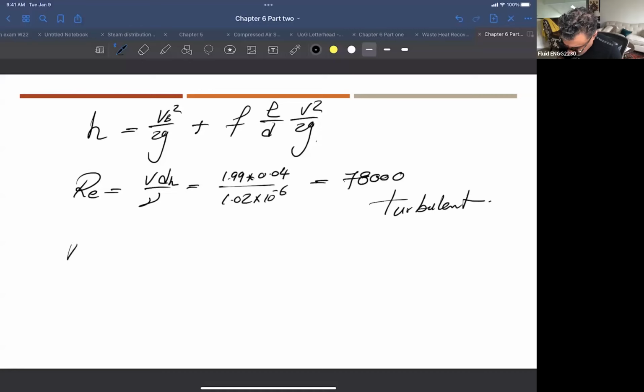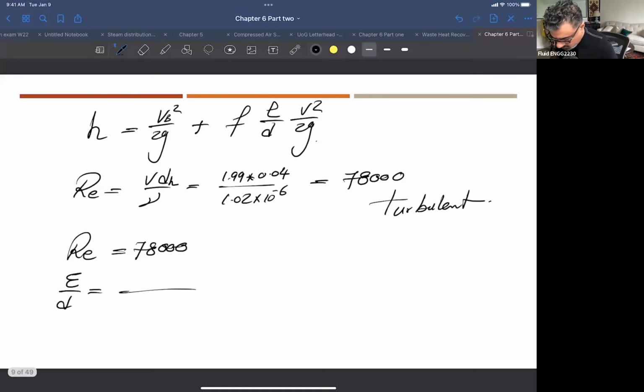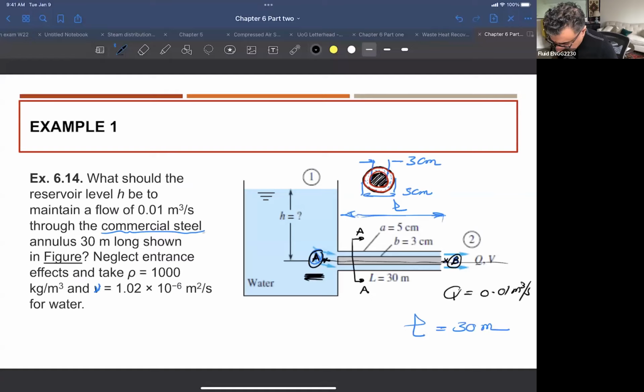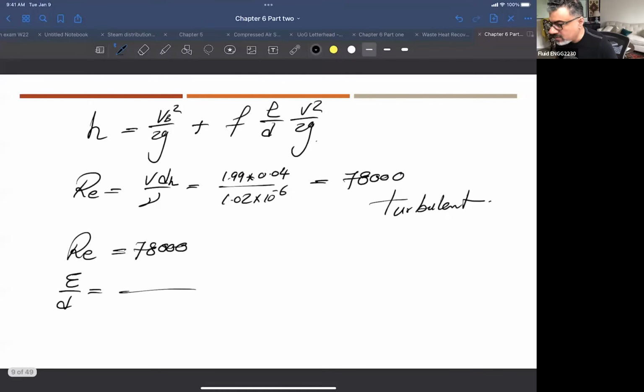So in this case, the Reynolds number is 78,000, and then we need epsilon over D. If you go and find out the roughness for commercial steel, you will see this value of epsilon is, sorry, 0.046 millimeter, right?